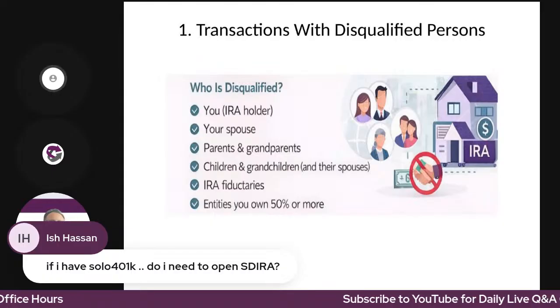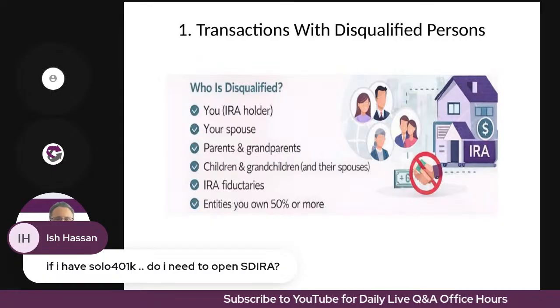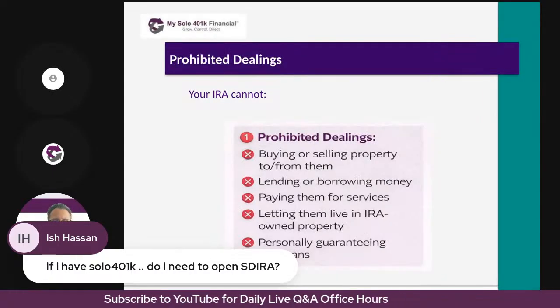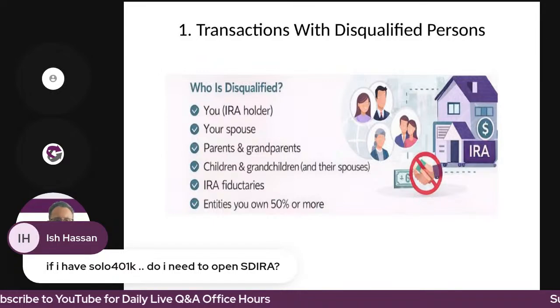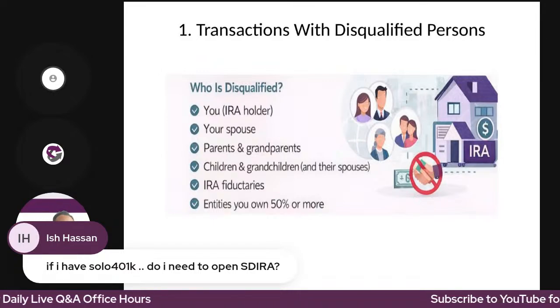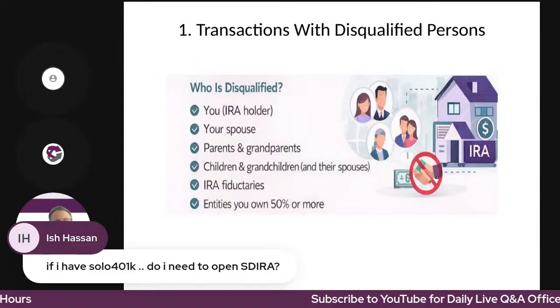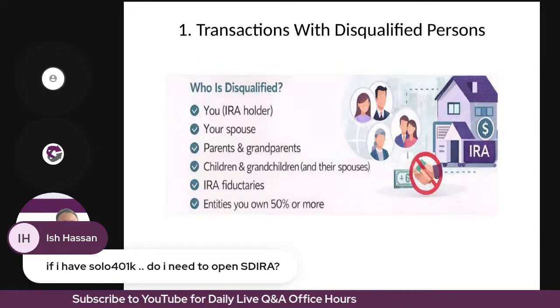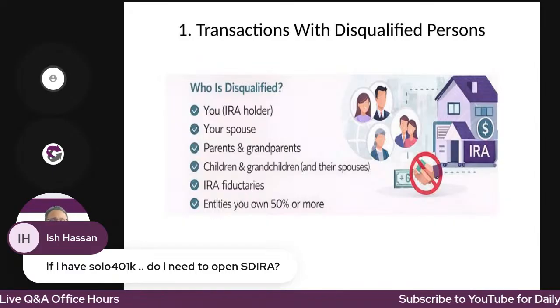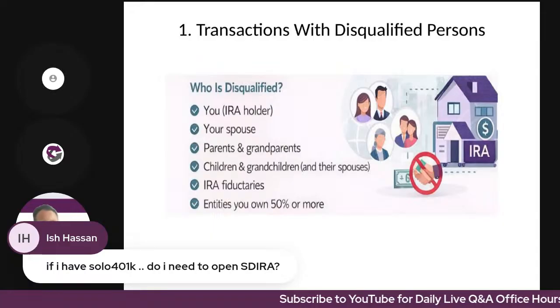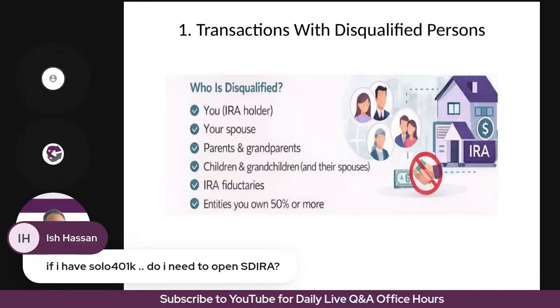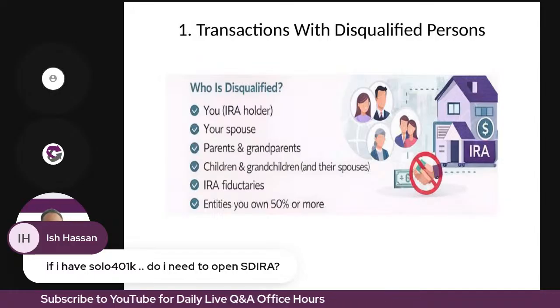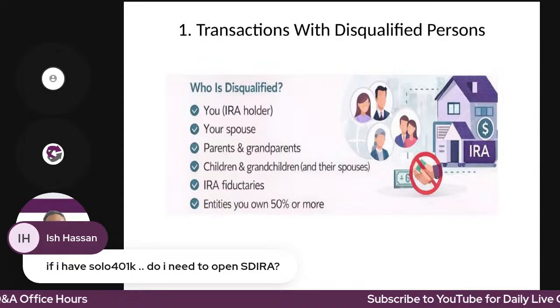So what is a prohibited transaction when we're talking about a self-directed IRA? A prohibited transaction happens when your IRA engages in a transaction that directly or indirectly benefits you as the IRA participant or certain related parties. Also, it involves specific disqualified persons, and we'll talk more about that in a moment. It also constitutes self-dealing.